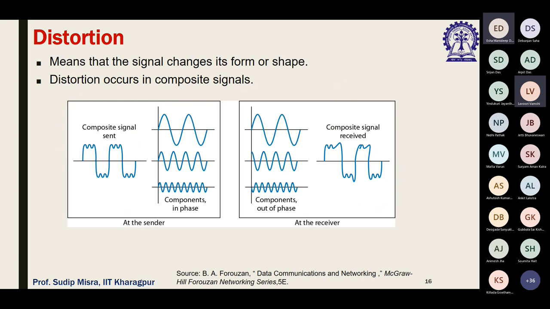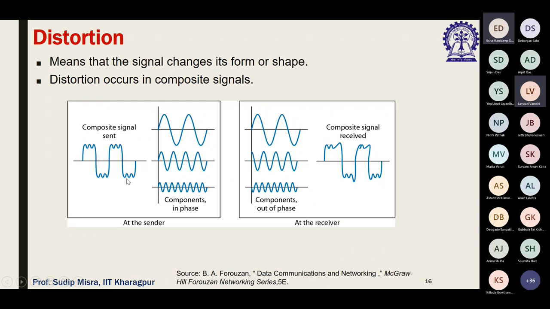Now let us try to understand the term distortion. Distortion means that the signal changes its form or shape. Okay. Now if you are talking about composite signals, again this is something that I assume you already know, or in case you do not know, in your book it is mentioned what a composite signal is. A composite signal can be broken into its different components like this.